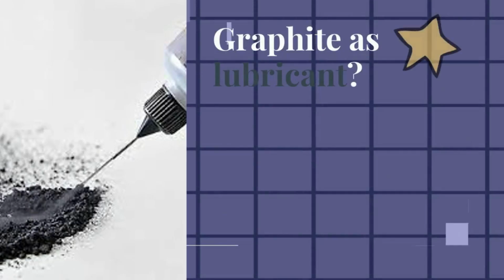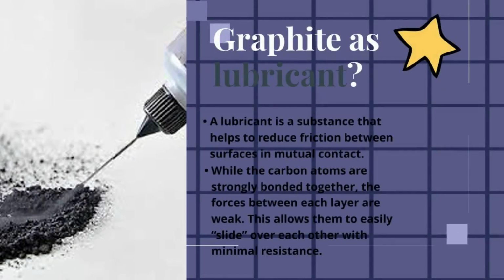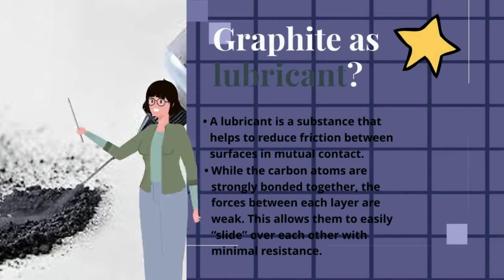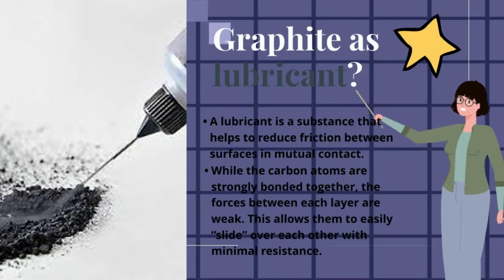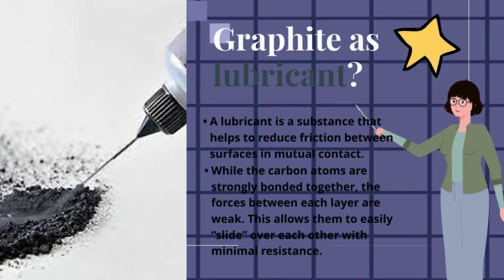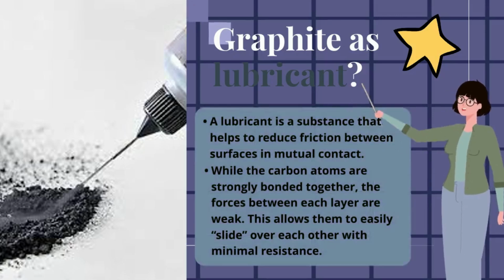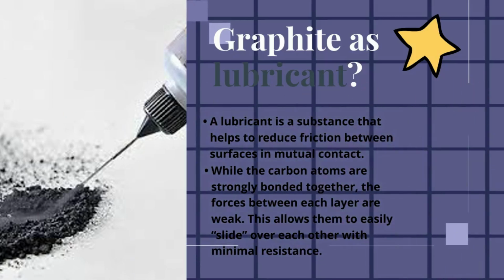A lubricant is a substance that helps to reduce friction between surfaces in mutual contact. While the carbon atoms are strongly bonded together, the forces between each layer are weak. This allows them to easily slide over each other with minimal resistance.